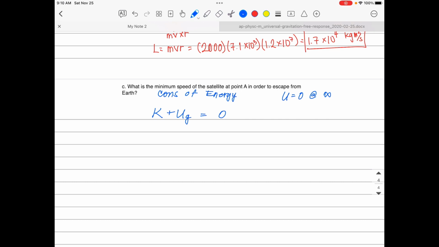So what we're going to do is take our kinetic energy equation and our gravitational energy equation on the surface and solve for our velocity. And in this scenario, velocity is equal to the square root. What's nice is this m cancels out. And then if I bring the 2 over to the other side, I have to bring this over to the other side first, which makes it a positive, and then I can multiply both sides by 2.